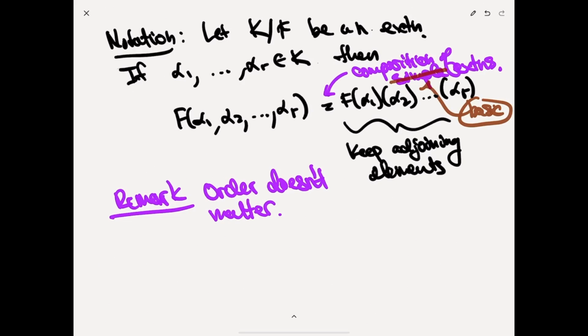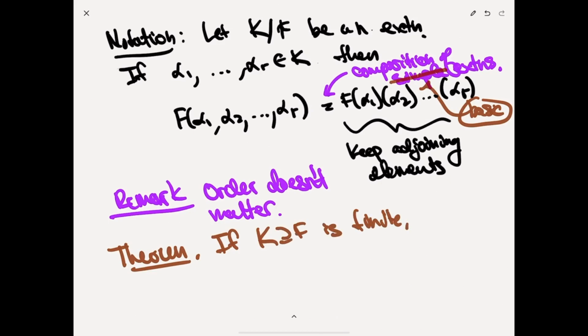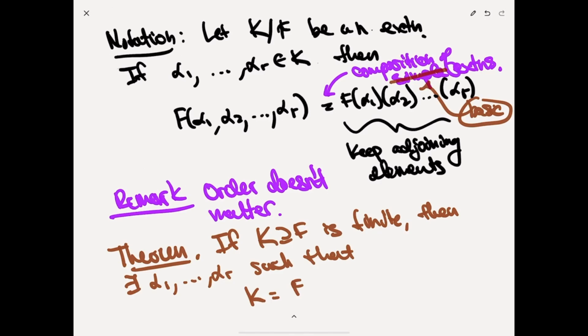Okay, let me state the theorem. The theorem is that if K over F, with K containing F, is finite, then there exist some alpha 1 through alpha r such that K is equal to F of alpha 1 through alpha r.